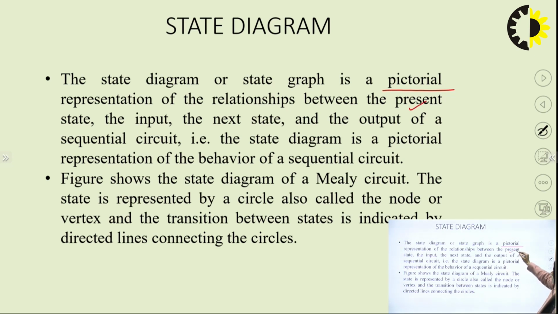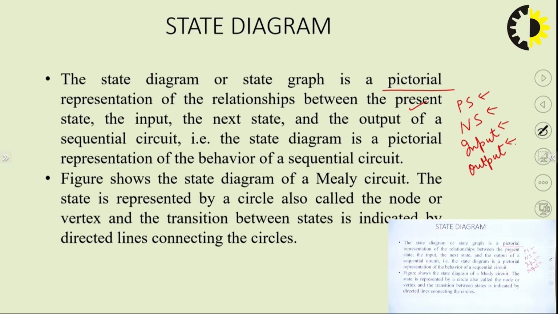The present state (PS), the next state, what was the input given, and then what is the output. These four things can be represented state by state for any sequential circuit. Since we know very well that a sequential circuit depends on the present state and next state, the state diagram easily represents the relationship between the two states via figures.